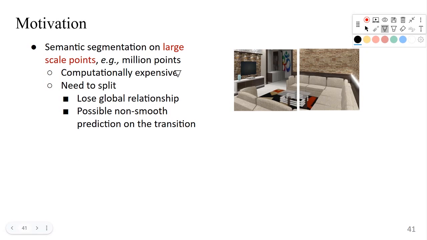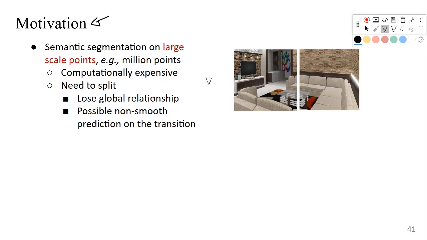Let's discuss more details, starting with the motivations of this work. As we discussed before, semantic segmentation on large-scale point clouds, for example millions of points, has some issues. It is computationally expensive, so the common approach is to split the data into smaller sizes.